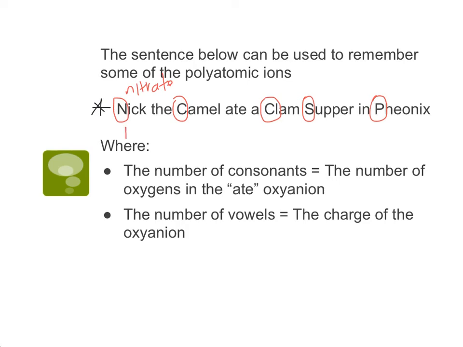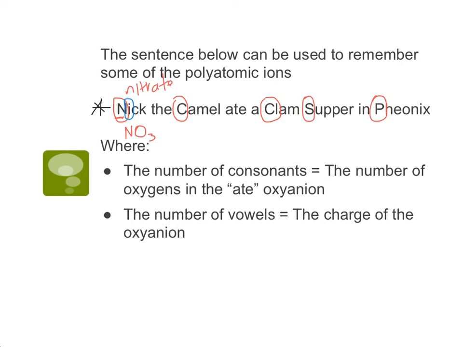Now, we know that it's made up of the element combined with oxygen, so we're going to write that down. And then we're going to count the number of consonants. In Nick, there's 3. There's N, C, and K, and that's going to tell us how many oxygens are in the ion. So 3 consonants means we have 3 oxygens, and then we're going to count the number of vowels.